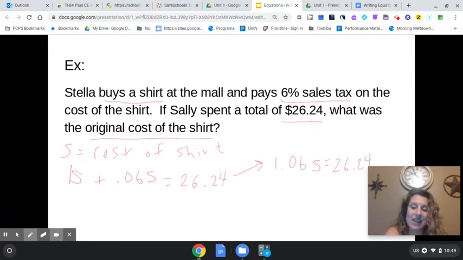So I actually get the same result when I go to solve the one on the left as setting it up with the idea of the total percentage right off the bat. So whichever way works better for you. In order to solve that 1.06S is equal to 26.24, we're going to have to divide both sides by 1.06.